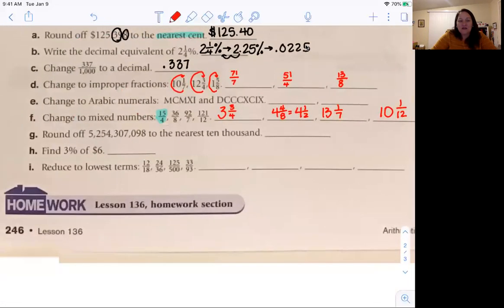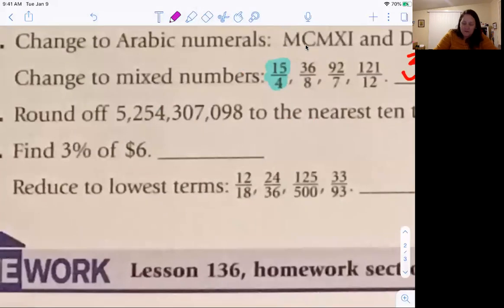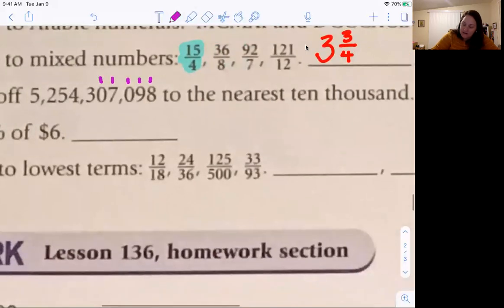Let's move on to letter G. It says round 5,254,307,098 to the nearest 10,000. Well, in order to do that, I need to find out which number's in the 10,000s place. So we have ones, tens, hundreds, thousands, 10,000s.